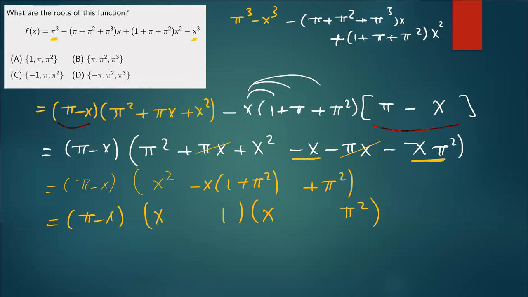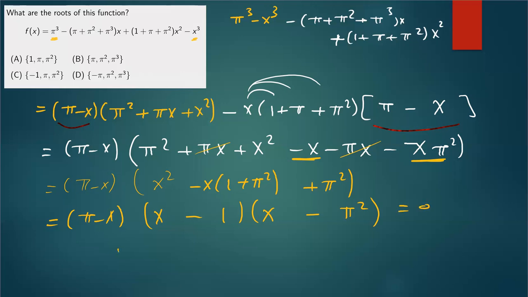And because of this negative sign here, both brackets should be negative. You can make sure that we didn't make a mistake by re-multiplying this. x times x is here, negative pi times negative pi squared is pi cubed, and the means and the extremes are negative x and negative pi squared x, which add up to this middle term. So we have that equals 0 at the end of the equation.